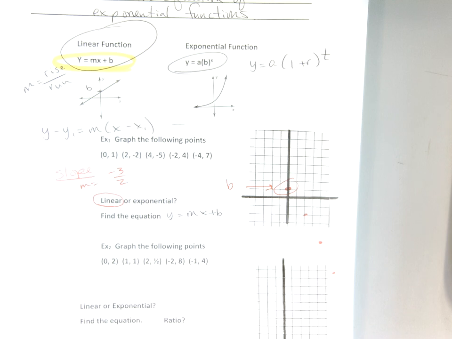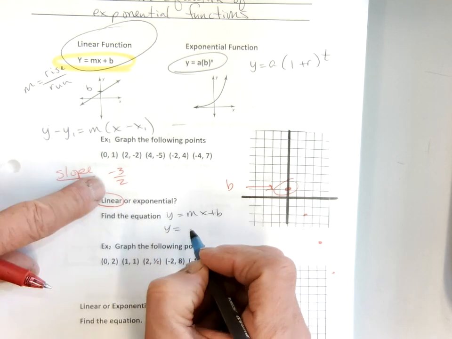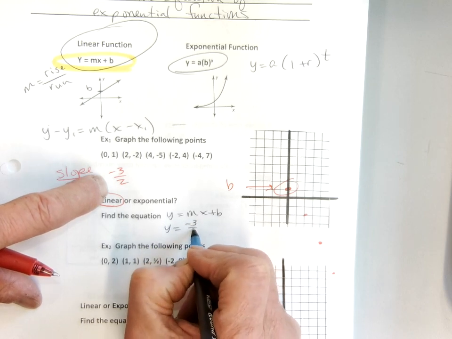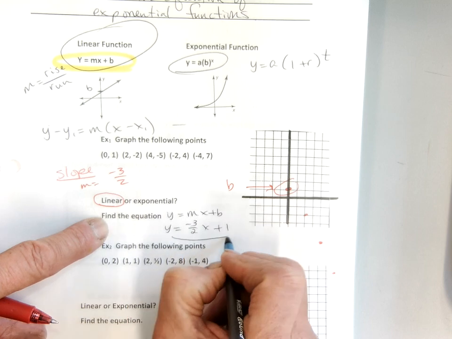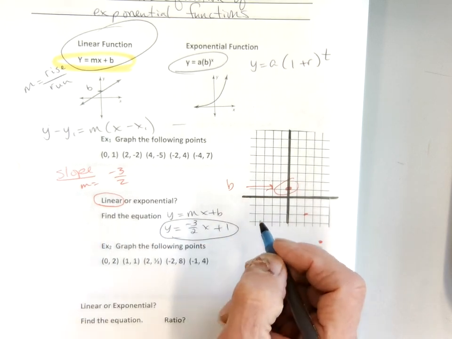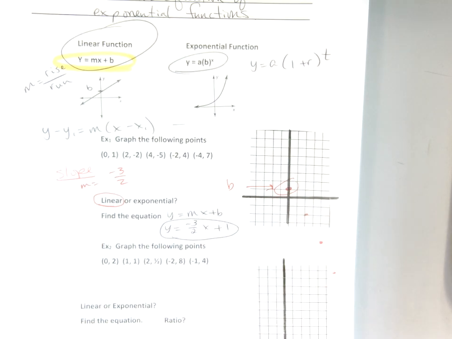And I'm going to go y equals my slope, which is negative 3 over 2x, and then plus 1. How's that look? Pretty easy. We've done this lots.